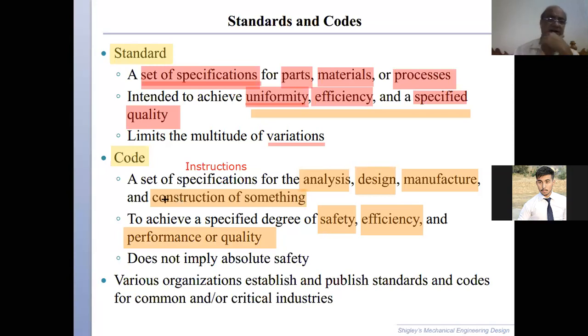So these are codes, and again, the standards and codes are meant to give you specific safety, efficiency, but they do not imply absolute safety. You have to build in safety into your design when you are performing your design or analysis.